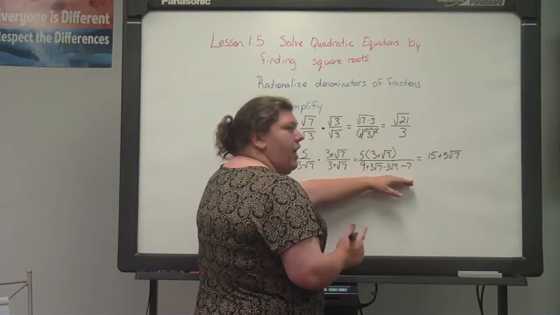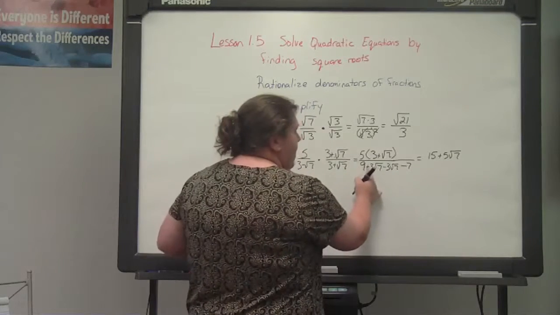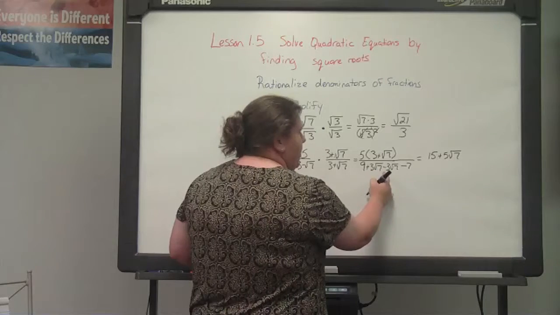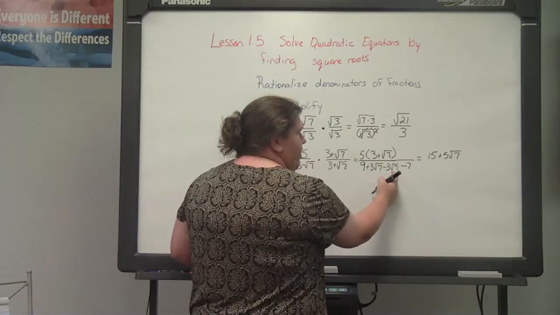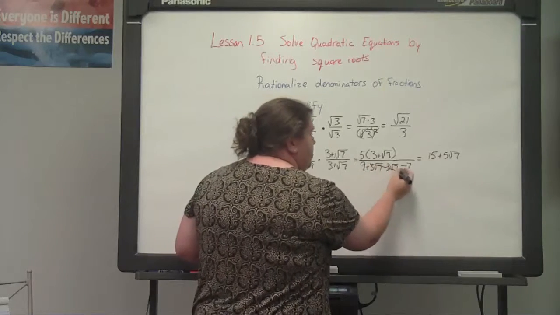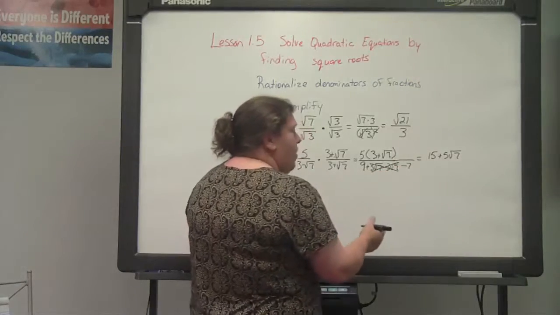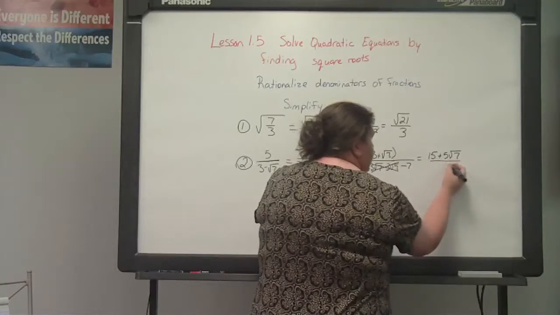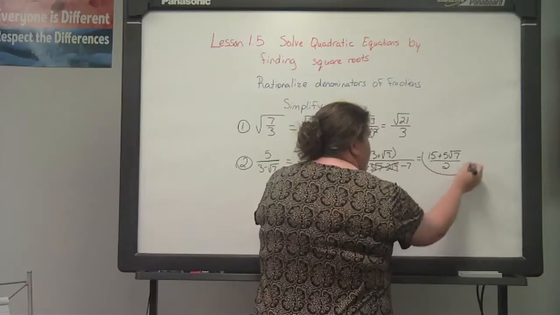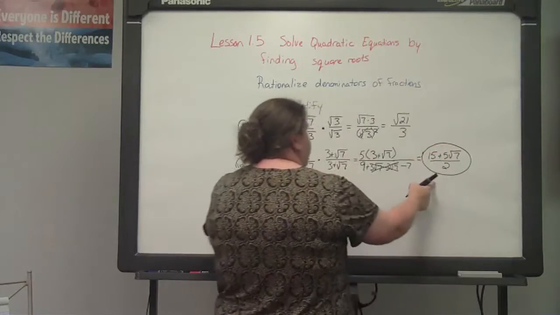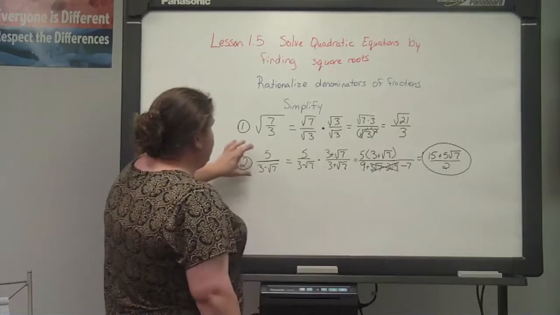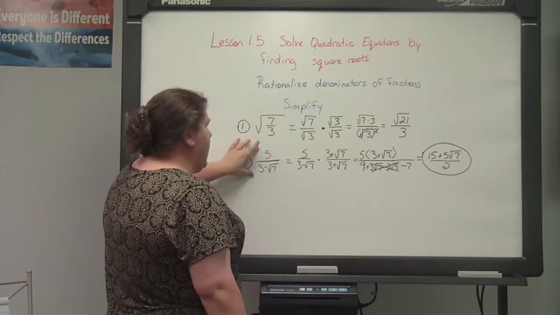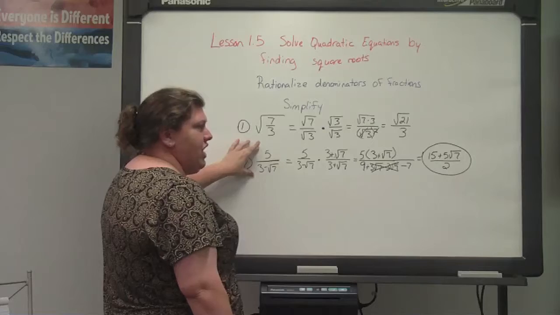We want to combine like terms. So I have a positive 3 square root 7 and a negative 3 square root 7, so they cancel each other out. And what I have left is 9 minus 7, which gives me 2. So there is my simplified answer to 5 divided by 3 minus square root 7.